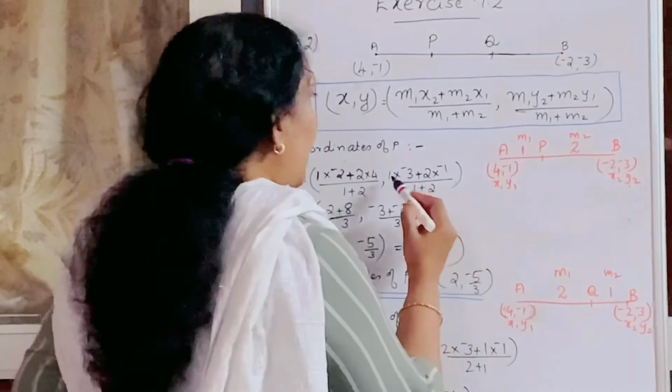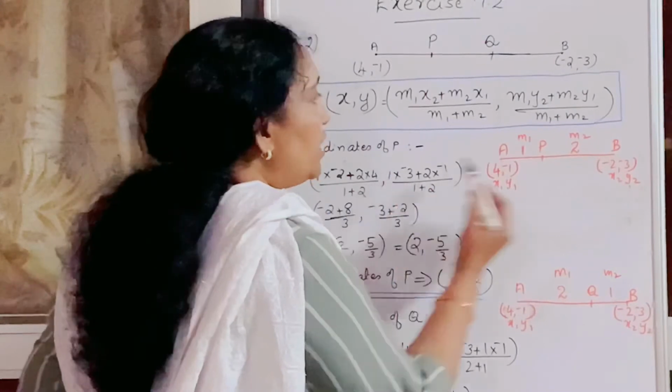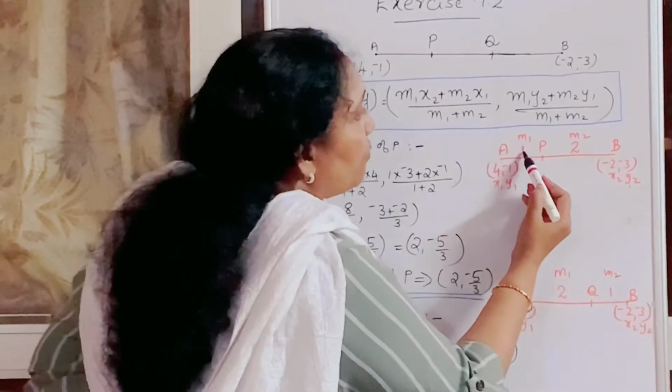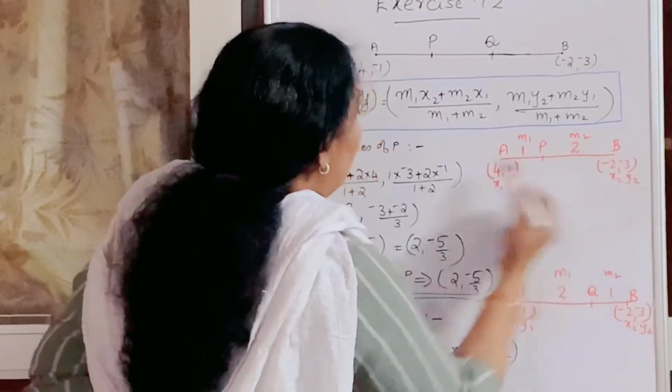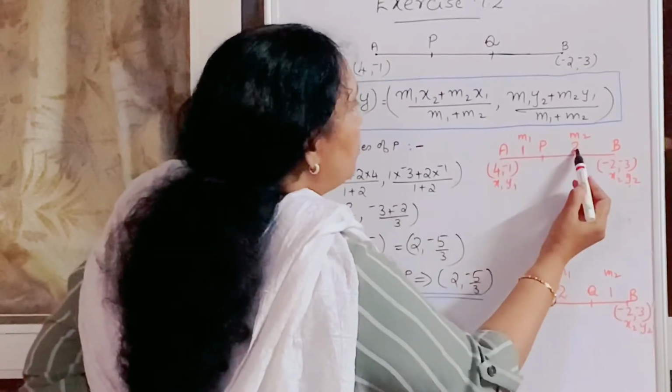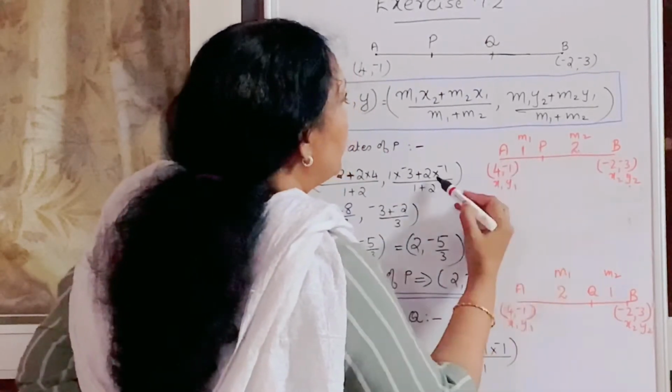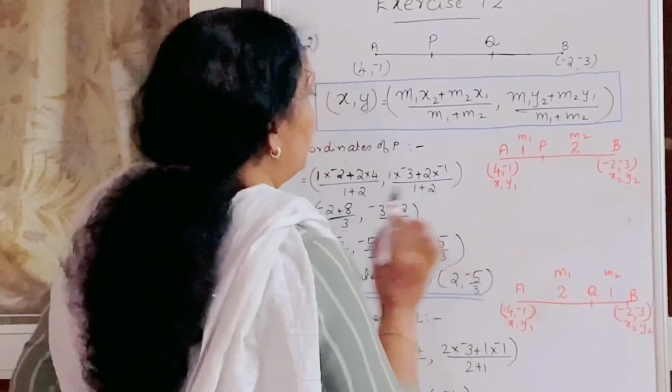Then m1 y2, that means 1 into negative 3, plus m2 y1, that means 2 into negative 1, divided by m1 plus m2.